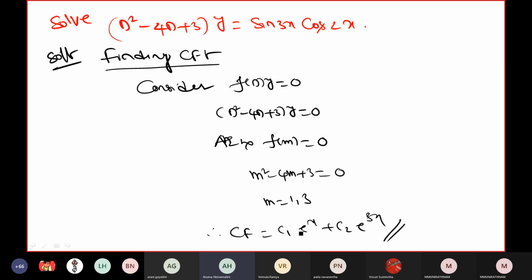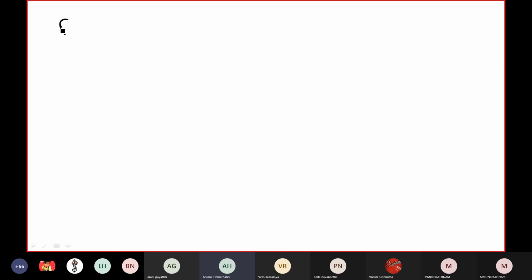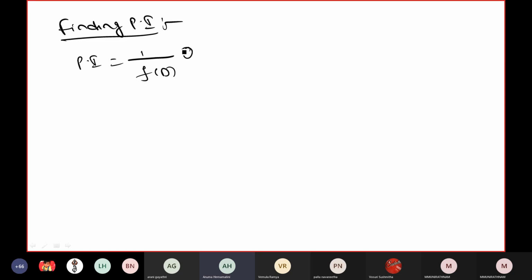So the CF is C1 e power x plus C2 e power 3x. Now coming to PI. So PI we have 1 by f of D into Q of x, 1 by (D square minus 4D plus 3) into sin 3x cos 2x.